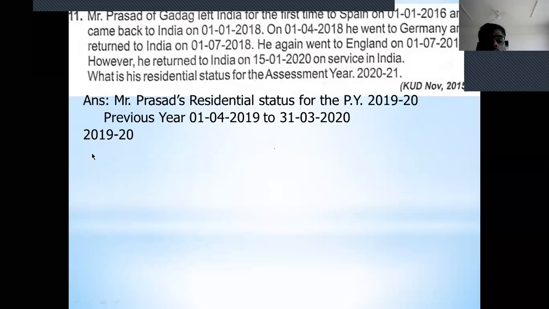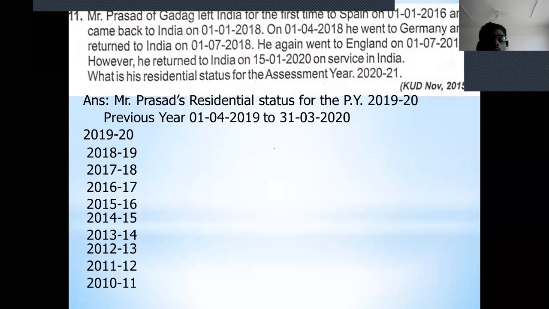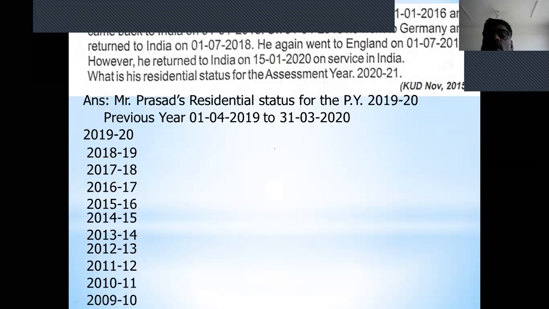You see here. These are the 10 previous years, from 2009-10 to 2018-19. In this way, you take down the days, and from the starting point, you start to count the days in India.